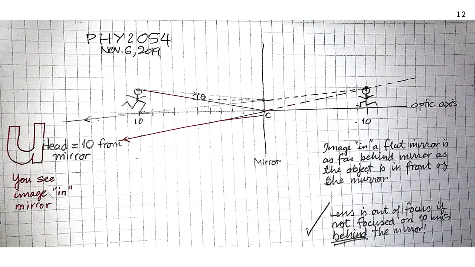Now let's draw another one. Let's draw one right down to C, and I'll do this one in red. So from the top of his cranium down to the center of the mirror.